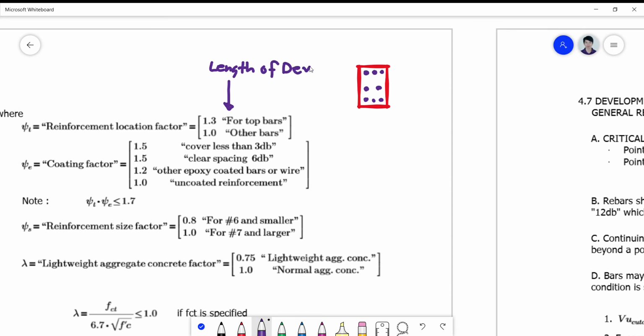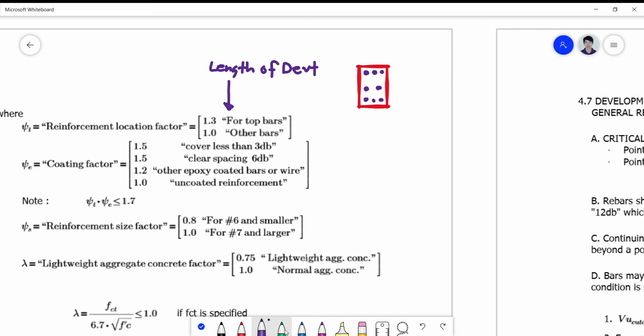Okay, what's a top bar now? A top bar is a reinforcement which is placed at a location where at least 12 inches of concrete, okay, 12 inches thickness of concrete is cast below it.